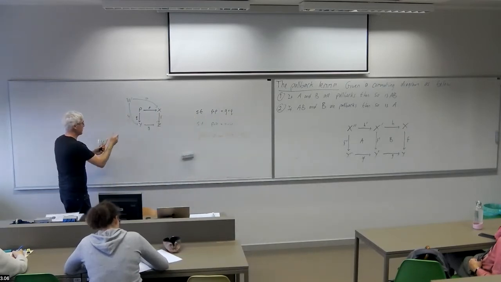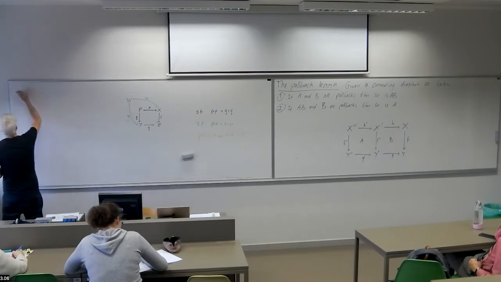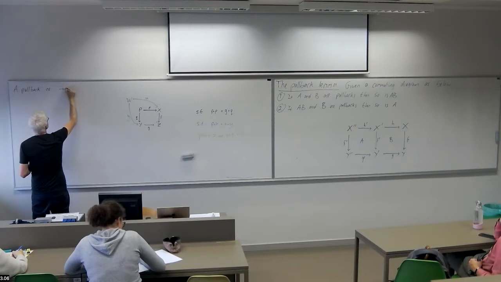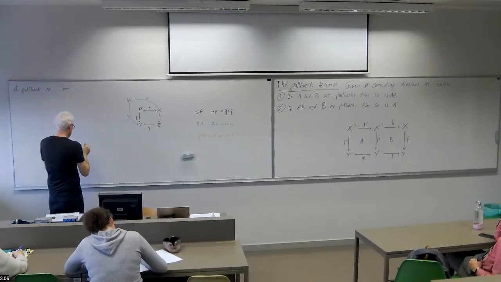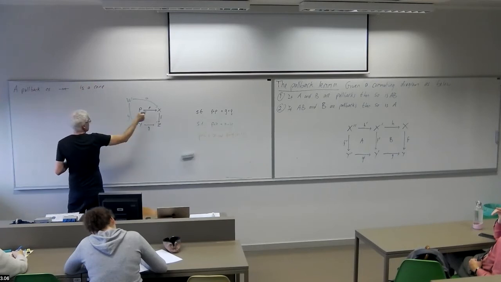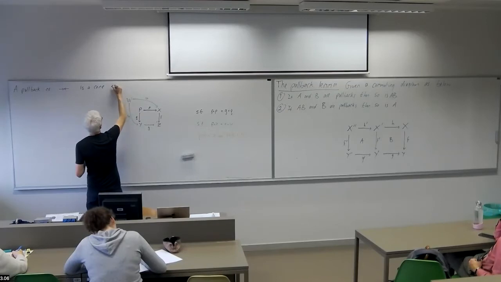So using this kind of color coding, we have a pullback. The black stuff is a cone, which is this particular cone. So that's a span.